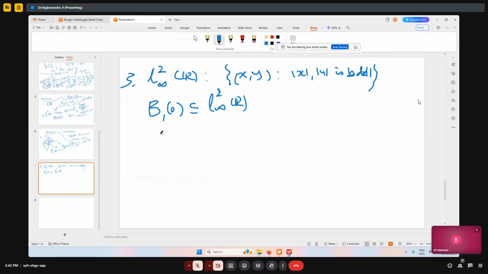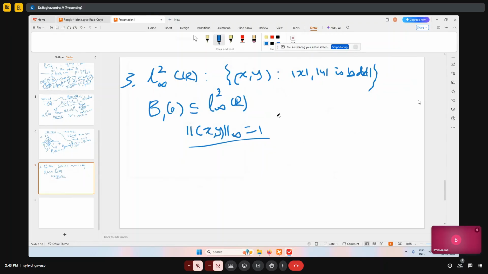Okay. So how does this look like? So you have to draw the graph of this L infinity norm. Let us write first the graph for this.